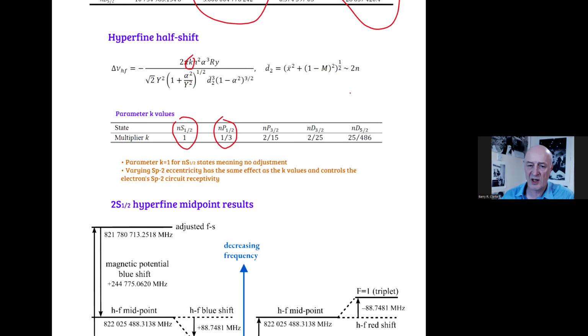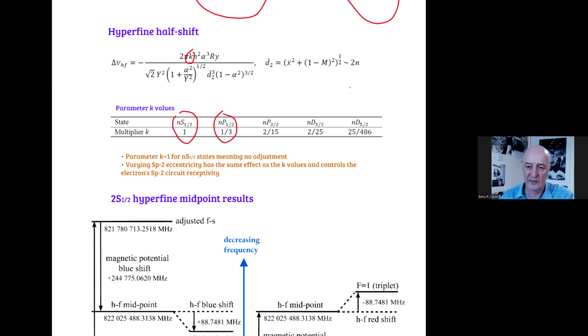You can actually calculate the k parameter by altering the eccentricity of the electron toroidal circuit. If you alter the eccentricity, you're altering its receptivity to the proton's magnetic moment field. And so you can reproduce these values of K.